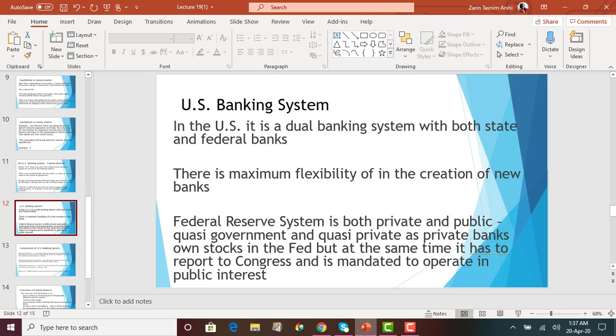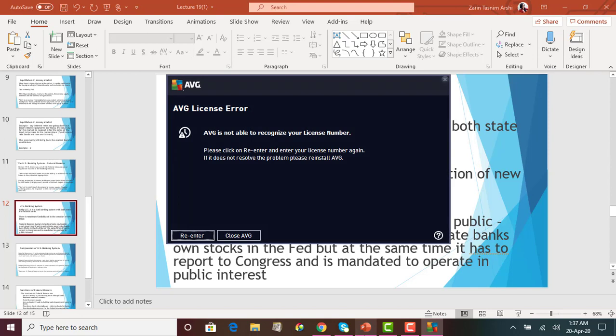Whenever they're increasing interest rates or decreasing or increasing the money supply, it needs to be reported to the Congress, and Congress will make sure they're doing it for the public. So whenever the Fed makes any type of decision, they have to do it based on what is best for the general public.